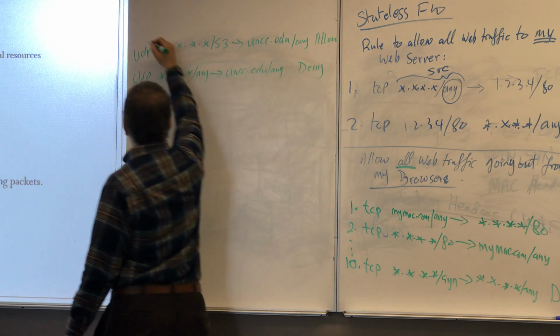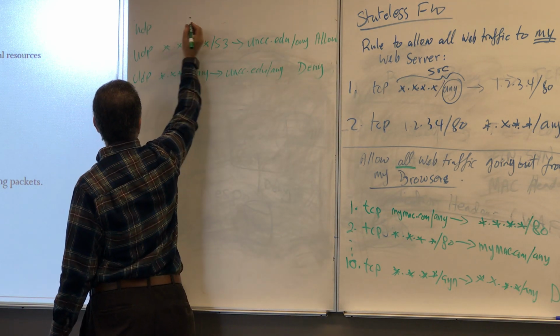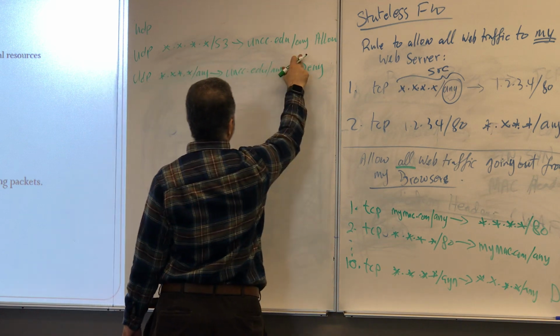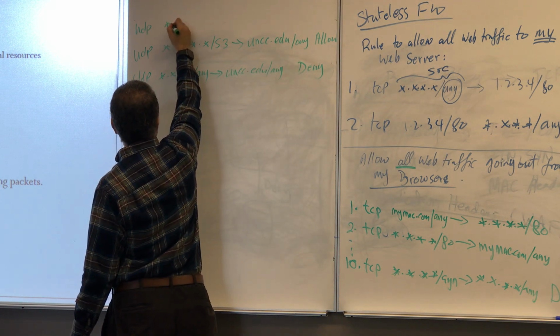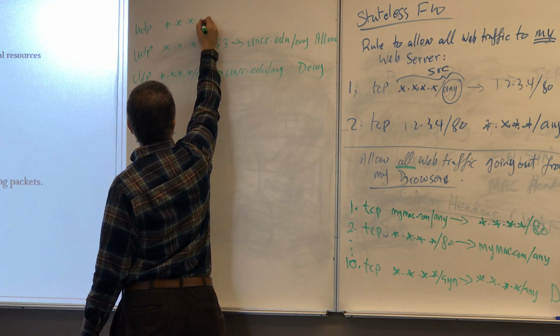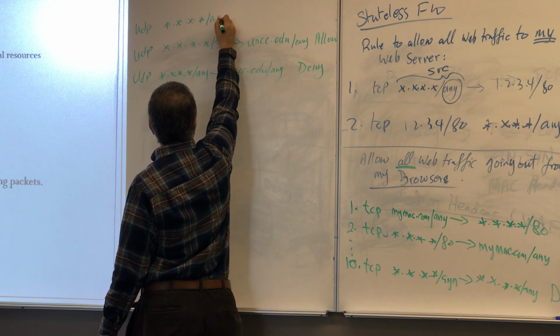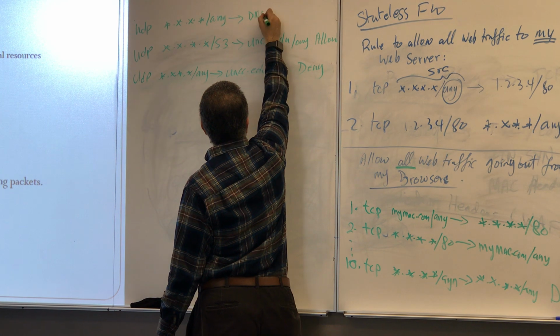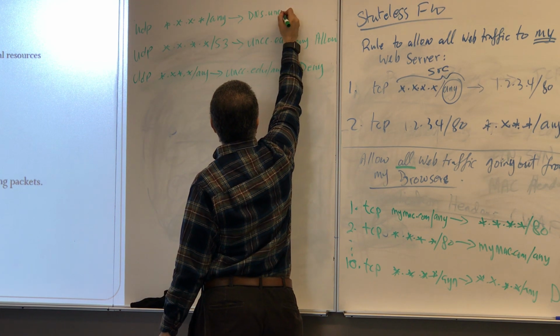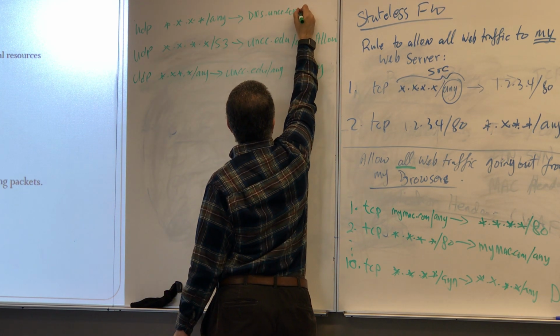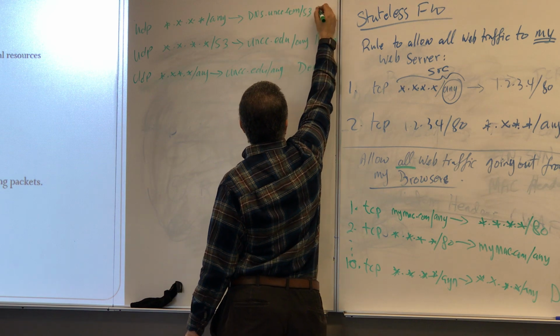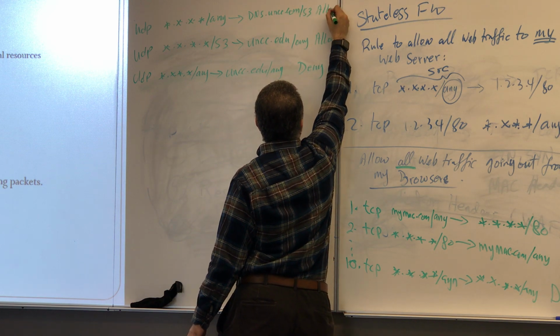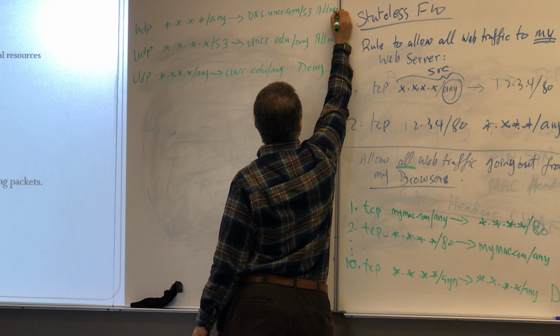And not only this, also UDP, traffic coming into UNCC, from any, coming to my dns.uncc.com, 53, allow. Can somebody explain in English what I'm doing?